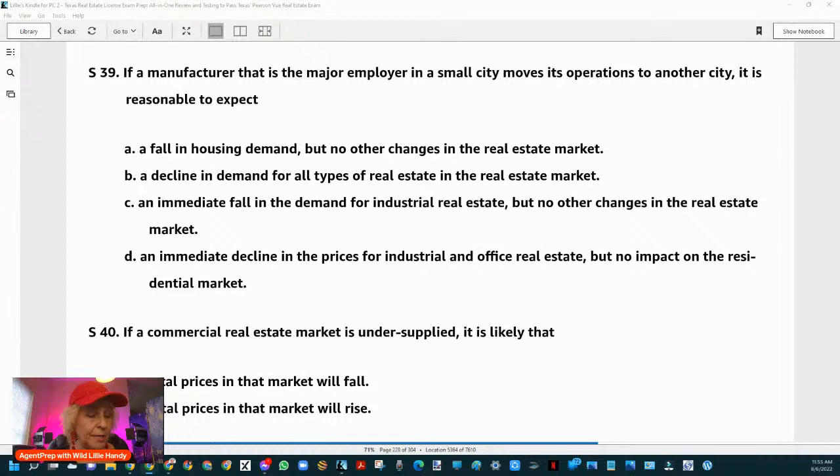Actually, the answer is B. And the reason being is that you have a major company leaving that employs a lot of people that buy houses. So that will create a decline in demand for all types of real estate. Why?